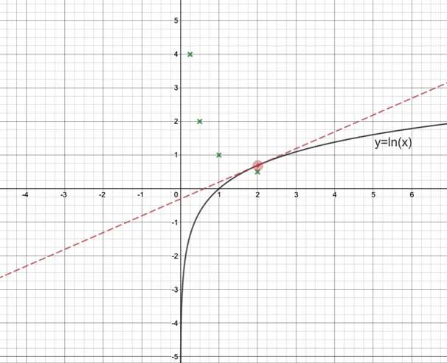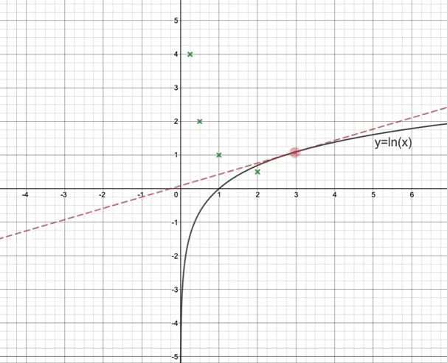All right, let's do maybe 2 more. Let's move across to when x is equal to 3. Again, if you use rise over run to find the gradient of the tangent line when x is equal to 3, you're actually going to get a gradient of 1/3. And finally, if we move across to x equals 4 and do a rise over run to work out the gradient of our tangent at x equals 4, you're going to get a gradient of 1/4.